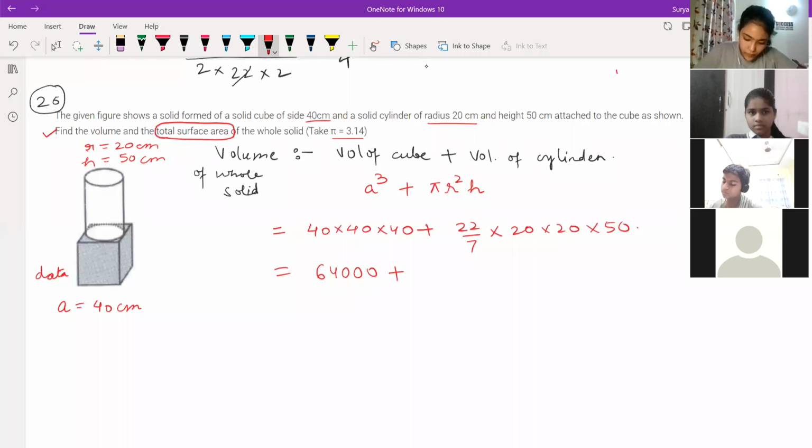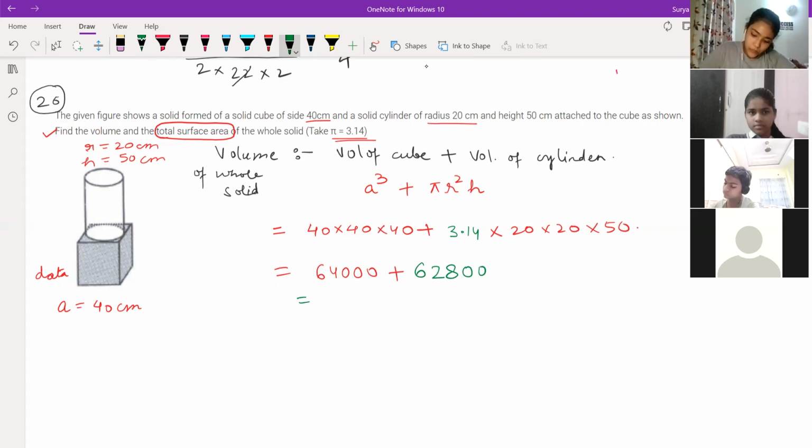See, here they are saying to take pi as 3.14, so I took pi equal to 3.14. Now multiply: 5 twos are 10, 10 twos are 20, 20 into 3.14. I got 6400 plus 62800. Okay, 1 minute. 62800. Yes, sir. Okay, fine.